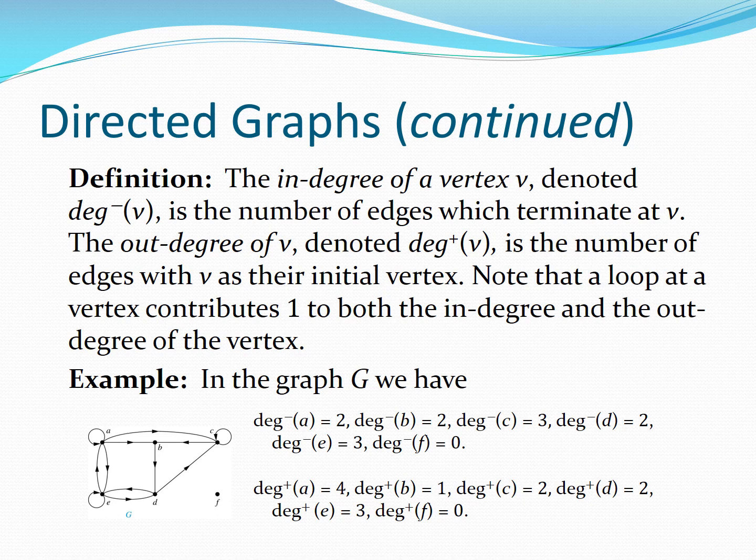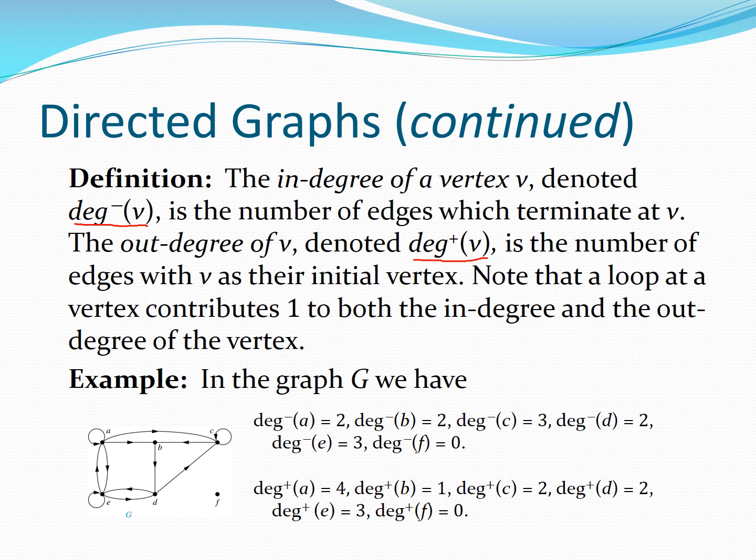Like the name suggests, in degree is usually represented using degree with a negative superscript, and out degree is written with a positive sign in the superscript. The in degree is the number of edges that are coming into the vertex v, and the out degree of a vertex v is the number of edges that are going out of the vertex v.